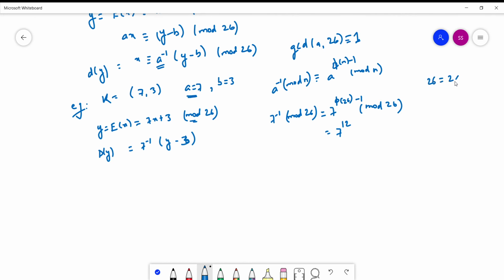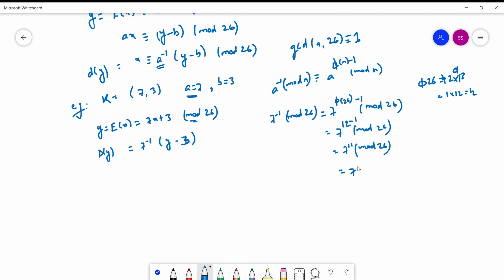26 is equal to 2 into 13. So phi of 26 is equal to phi of 2 times phi of 13, right? So phi of 2 is 1 and phi of 13 is 12, so I am getting 12. Okay, so 7 to the power 12 minus 1 mod 26. You will get 7 to the power 11 mod 26.